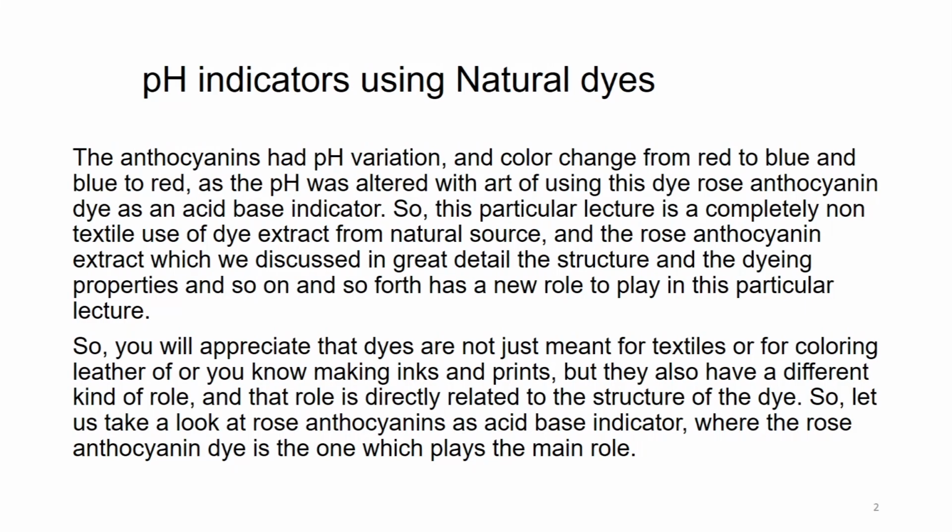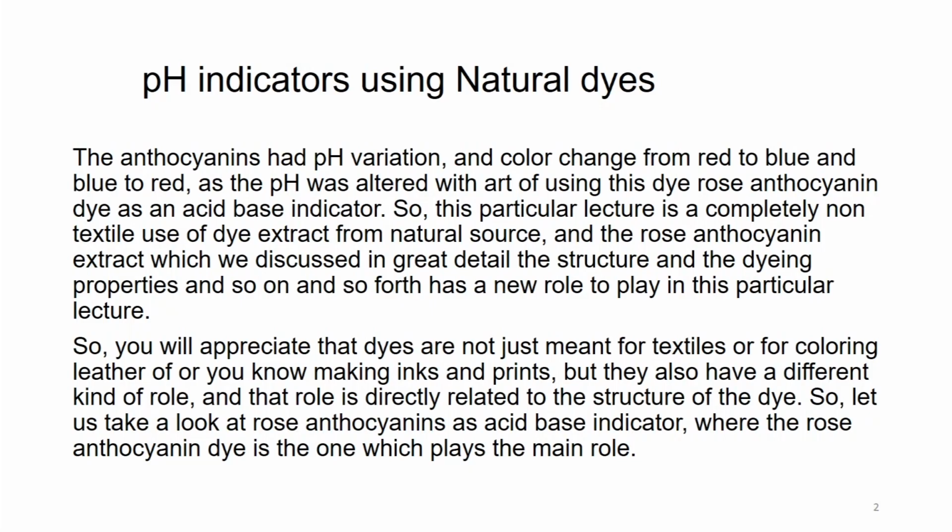So, you will appreciate that dyes are not just meant for textiles or for coloring leather or making inks and prints, but they also have a different kind of role, and that role is directly related to the structure of the dye.